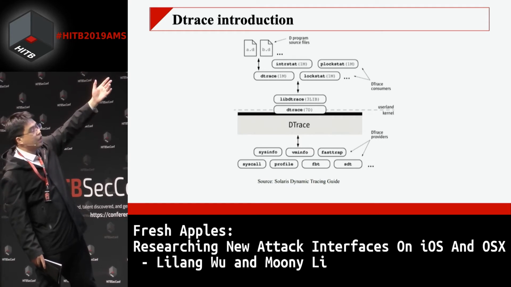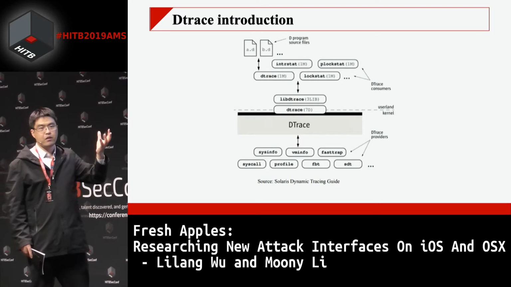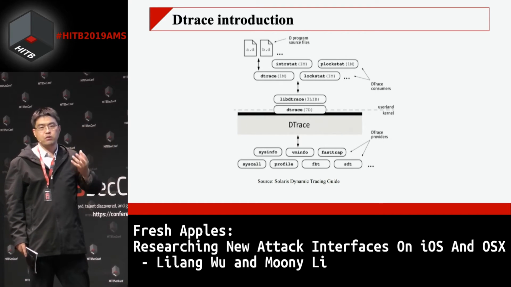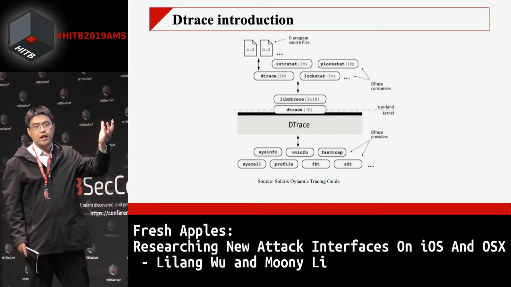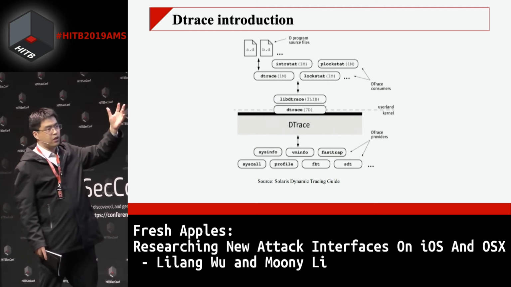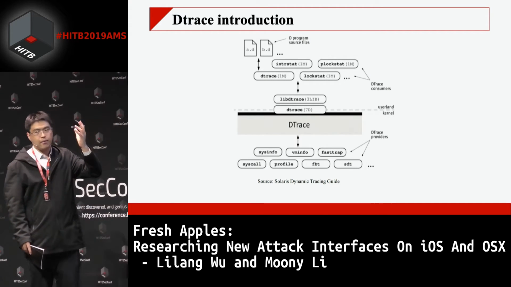And in user mode, it can receive and accept any DTrace file, in which you can define the pre and post handling events in the script. And also, you can get the results at runtime.